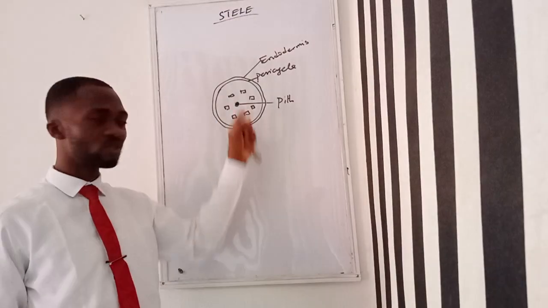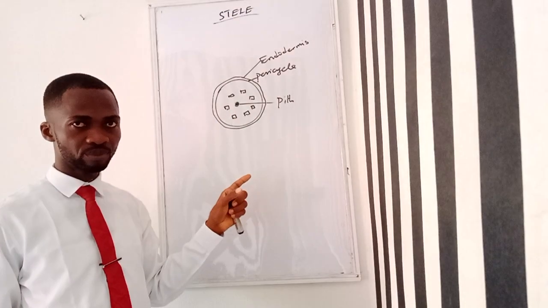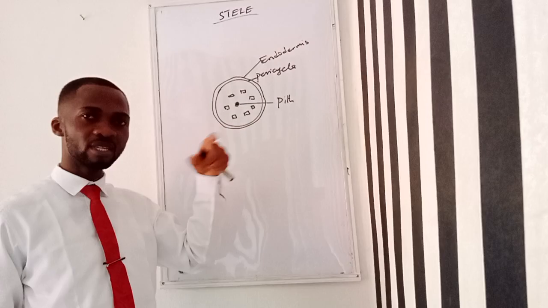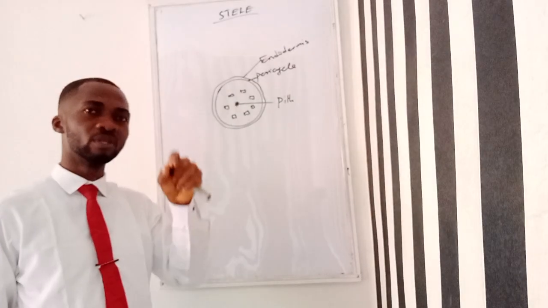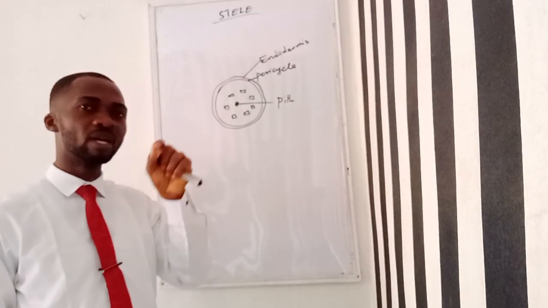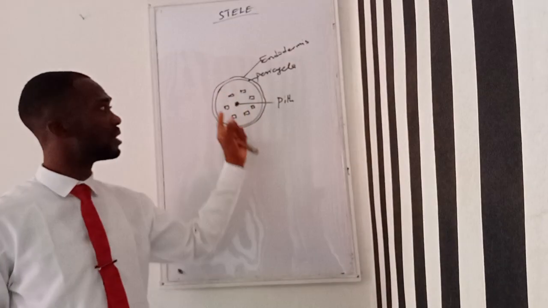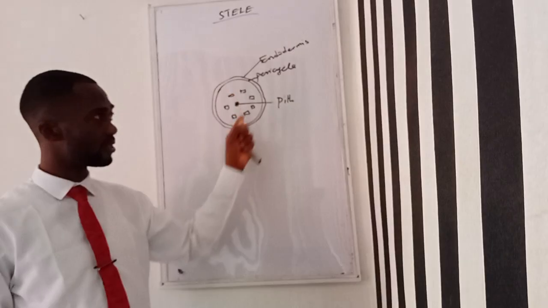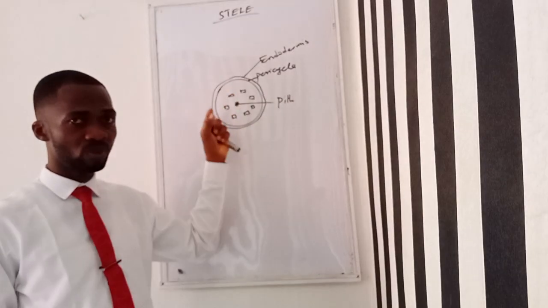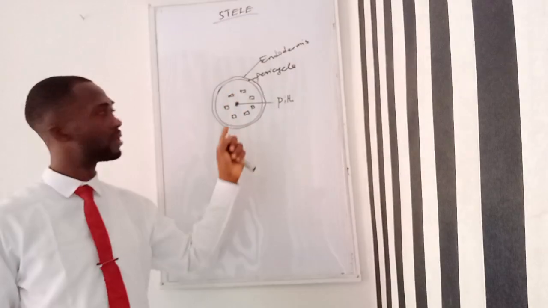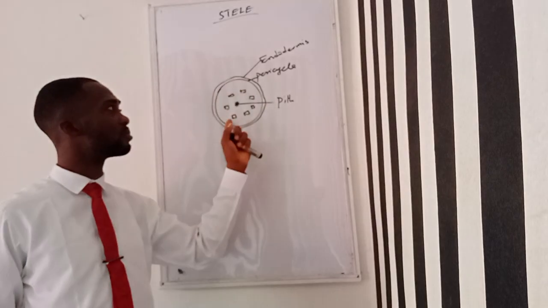That's why the first thing I said was that stele refers to the vascular tissue in association with other tissues that form the central column of the stem, the root, and the leaf. Within this stem, root, or leaf, we'll have the pith and other associated tissues.